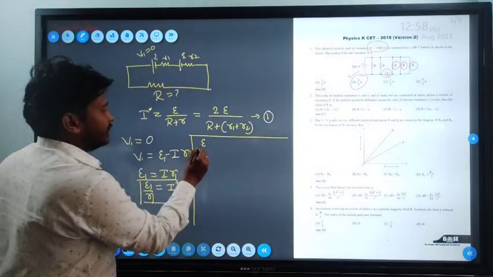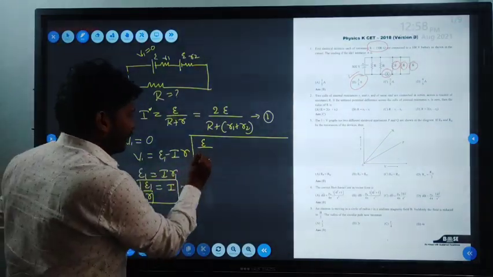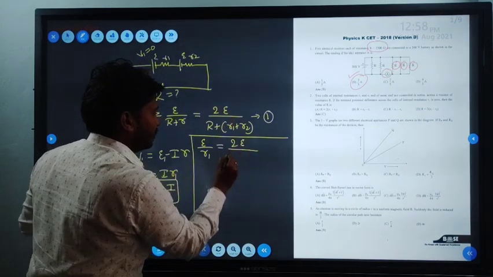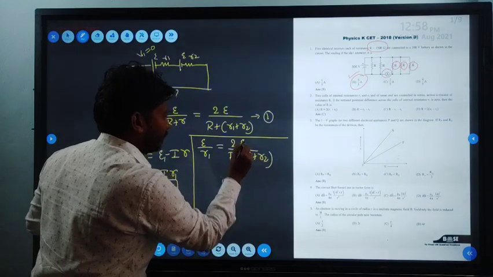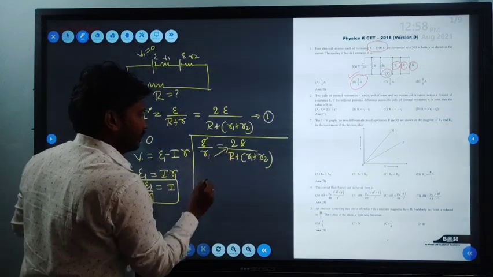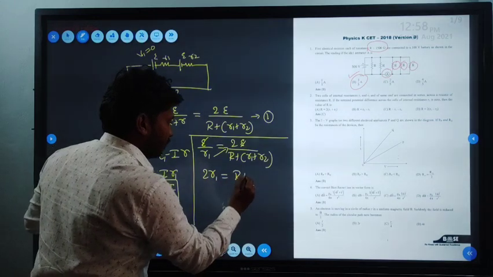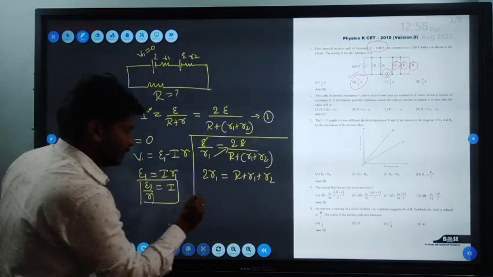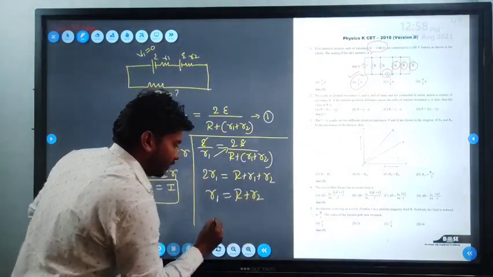Why? Because the two cells have the same EMF, E by R1 is equal to 2 times E by R plus R1 plus R2. So make the cross multiplication: 2R1 is equal to R plus R1 plus R2. 2R1 minus R1, so this is R1, which is equal to R plus R2.